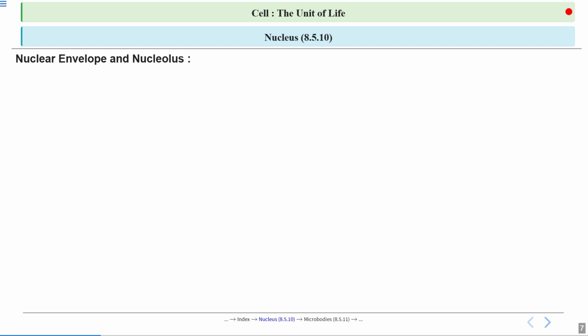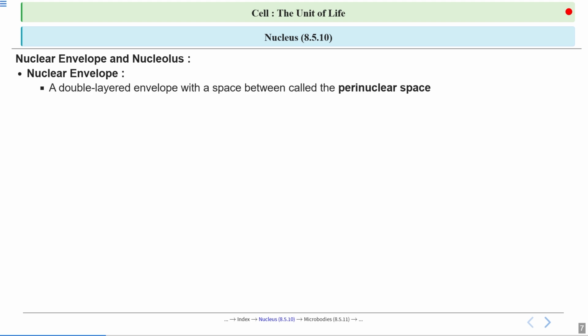Okay, let's talk about the nuclear envelope and the nucleolus. So the nuclear envelope is a double-layered envelope with a space between, called the perinuclear space. So there is a space between the outer nuclear membrane and the inner nuclear membrane. This is known as the perinuclear space. The outer membrane is usually continuous with the endoplasmic reticulum.